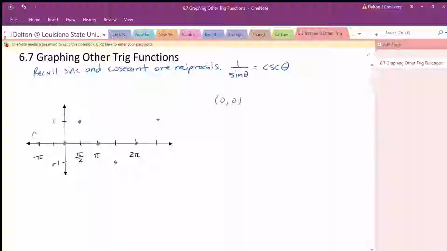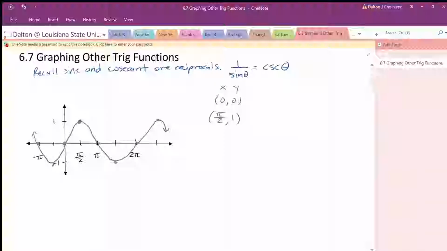Okay, so I graphed that in gray. What I want you to do is, if you have another colored pencil, we're going to graph the cosecant function with this sine function. It's going to be easier for you to understand where it comes from. So I just want to list some of these coordinates. The first coordinate at the origin is 0, 0. The next coordinate has an x value of pi over 2 and a y value of 1.